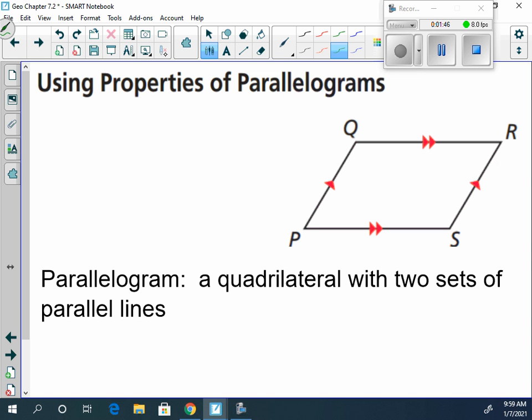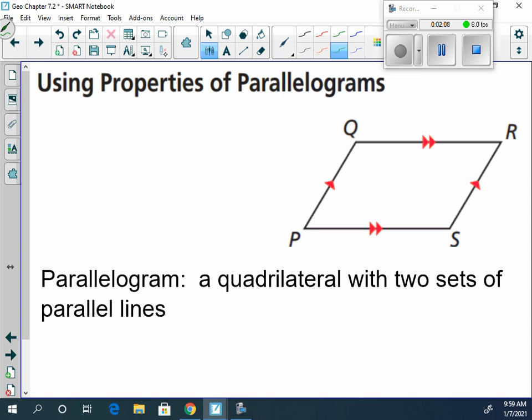A square is a very specific type of quadrilateral: a quadrilateral with four congruent sides and four right angles. If we know that, we're going to name it a square, not a quadrilateral, because it is a more specific definition.